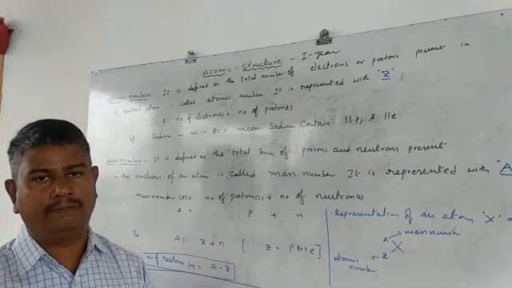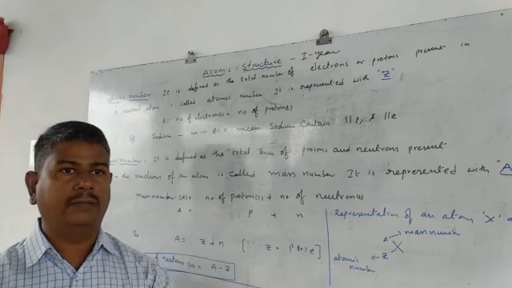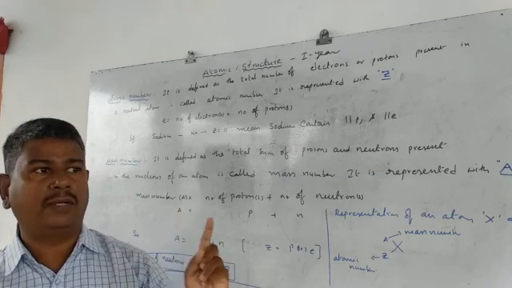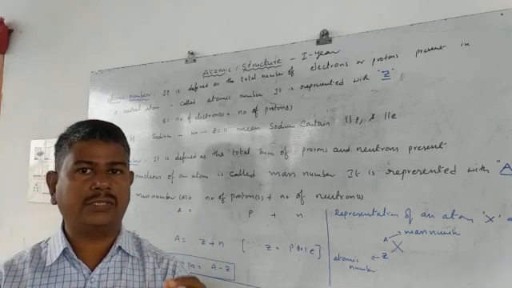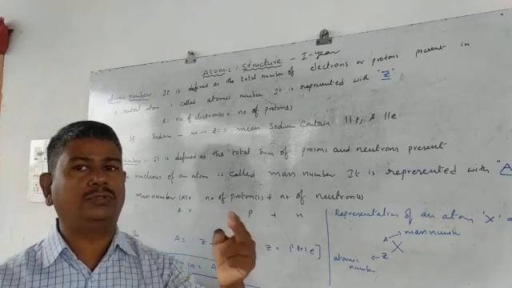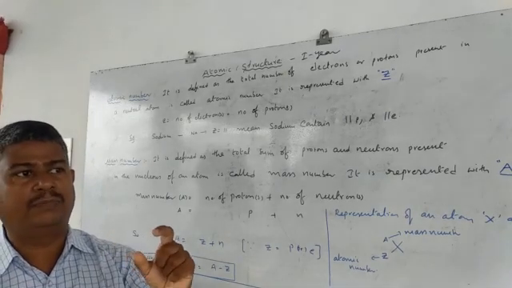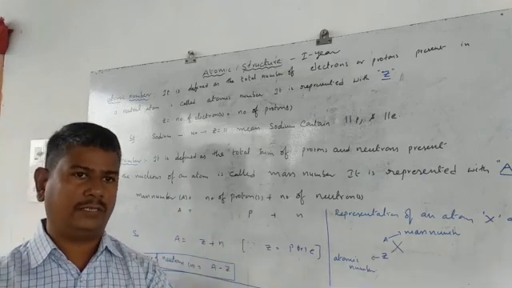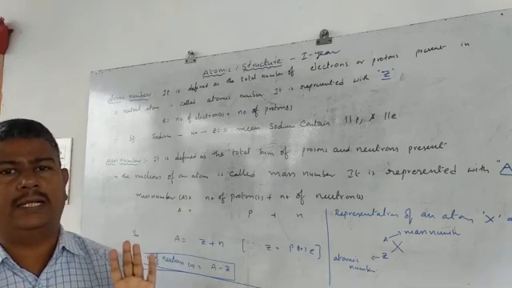That is considered as the atomic number. For example, hydrogen atomic number is 1. That means hydrogen consists of 1 electron and 1 proton. Helium atomic number is 2. That means it consists of 2 electrons and 2 protons. So that's why the atomic number resembles the number of electrons or protons, because both are the same in a neutral atom.